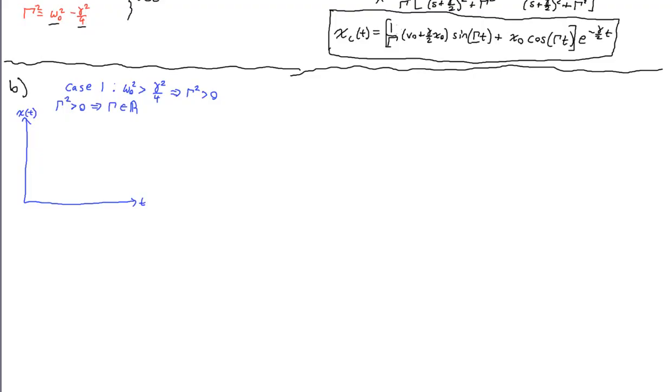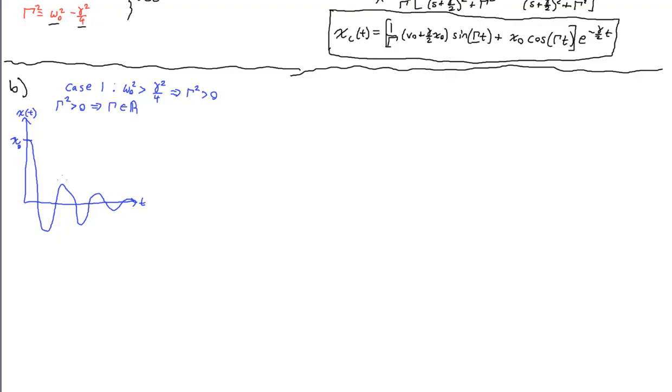At time t equals 0, the sine term will be 0, the cosine term will be 1, and we'll have that this will be x naught right here. So it'll oscillate and kind of die down a little bit. It'll look something like this.